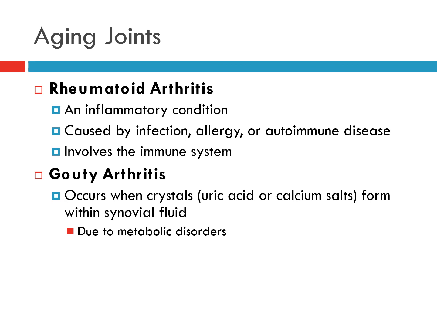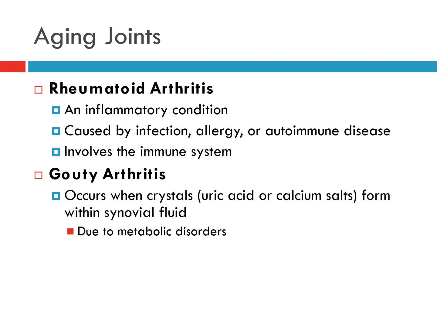Psoriatic arthritis is another condition that is very similar to rheumatoid arthritis. It develops in people who have psoriasis. I think about 10% of people who have psoriasis end up with psoriatic arthritis. It is an inflammatory autoimmune disease, and traditionally you're going to start treatment with methotrexate or Plaquenil.